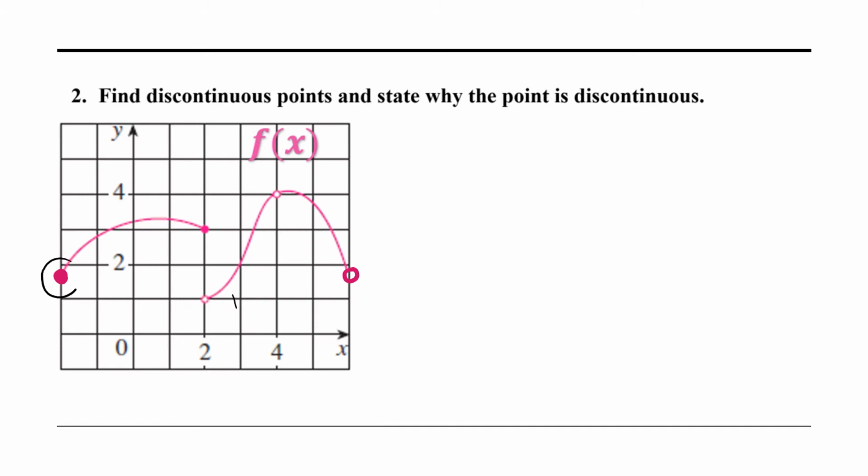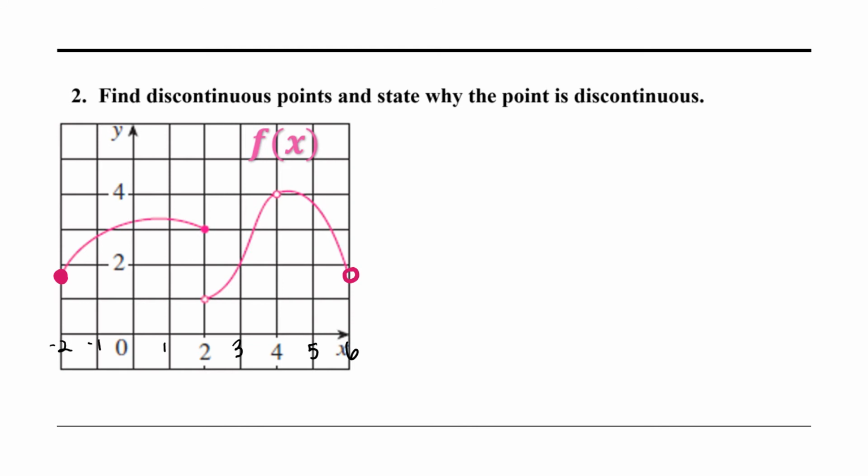If I look at this point, it's the endpoint of a function. So the limit exists. And if I look at it, it's a closed circle. So f of, in this case, -4 also exists. There we go. That way I don't say the wrong values.